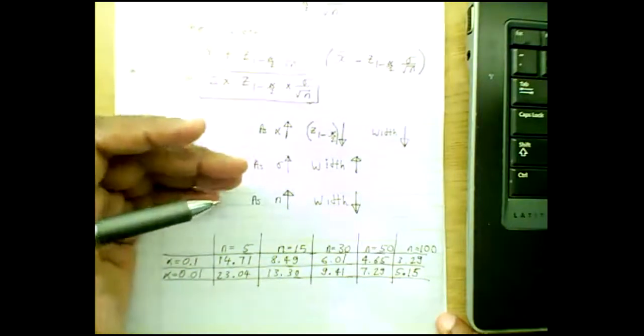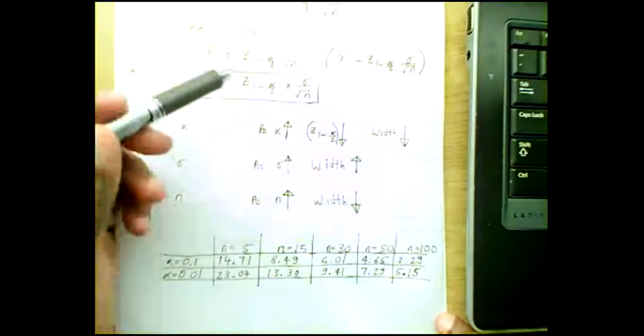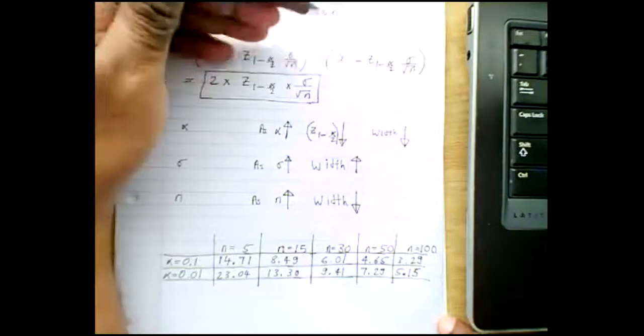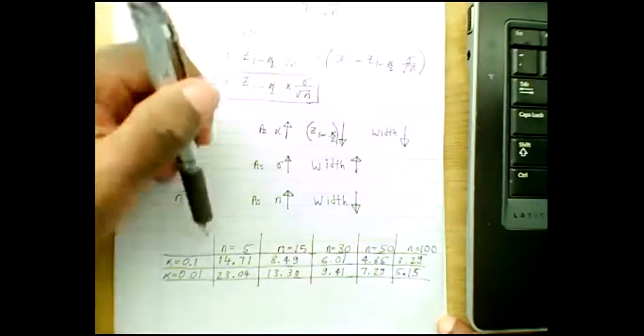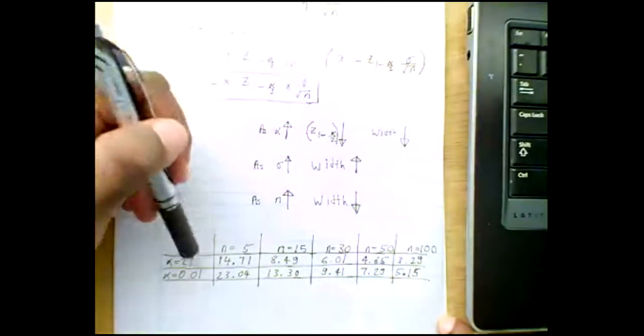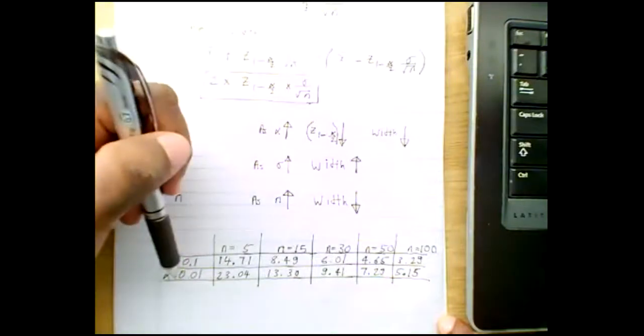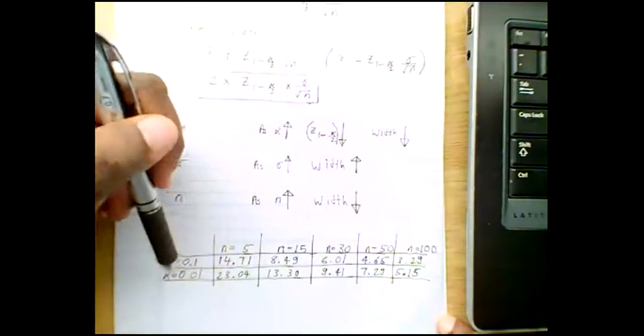These are the values you will get for this expression when sigma is 10 and n and alpha are given by one of these.